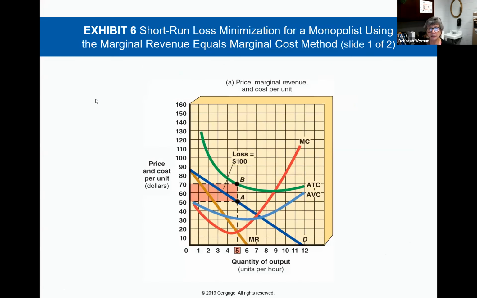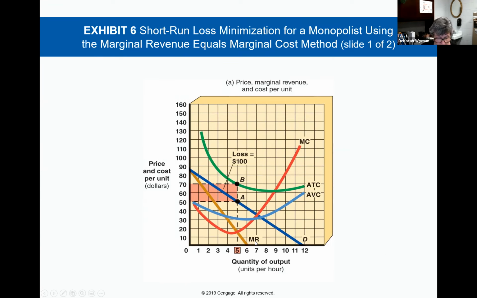So let's look at this short run loss minimization for monopolists using the marginal revenue equals marginal cost method. Again, we have a very busy slide. We know what all these mean: marginal cost, average total cost, average variable cost. This is your demand curve and your marginal revenue.